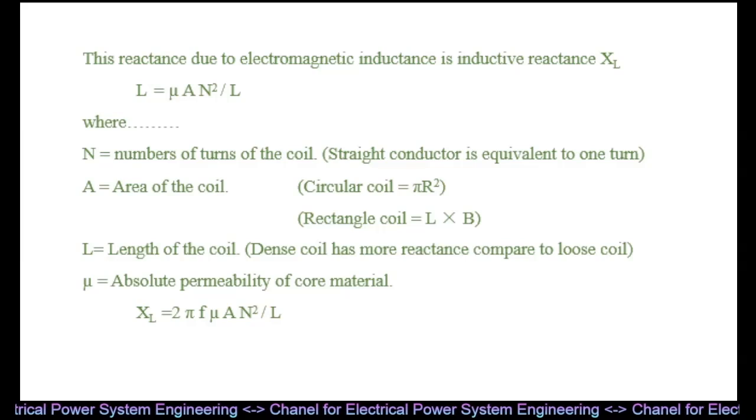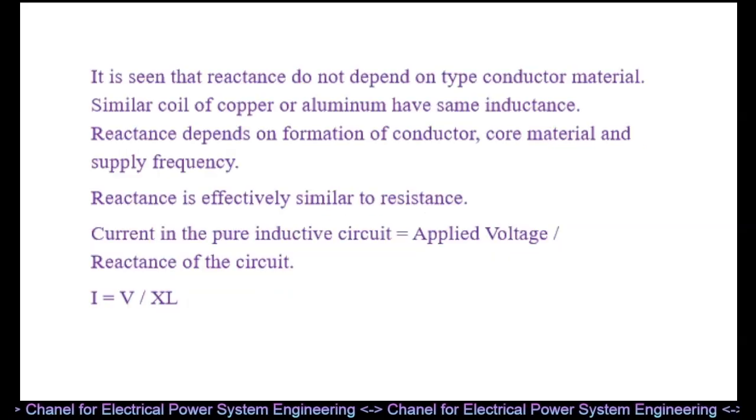A compact coil has more reactance compared to a loose coil. μ is equal to the absolute permeability of the core material. XL is equal to 2π f μ A N² / l. It is seen that reactance does not depend on the type of conductor material. A similar coil of copper or aluminum has the same inductance.